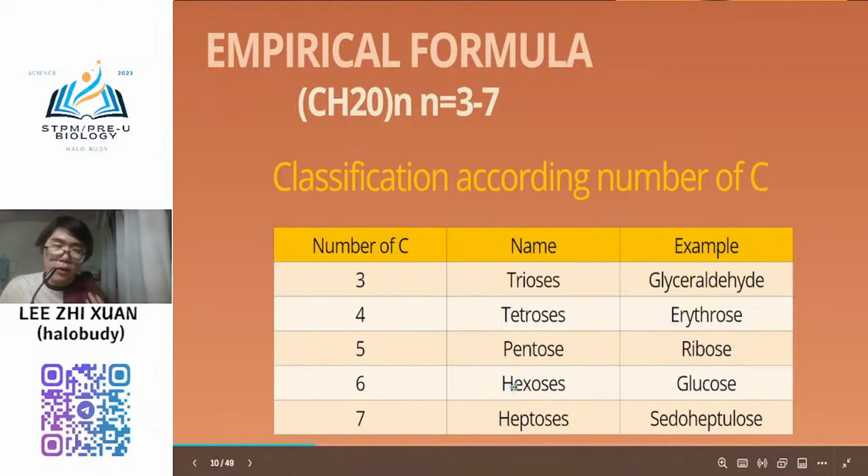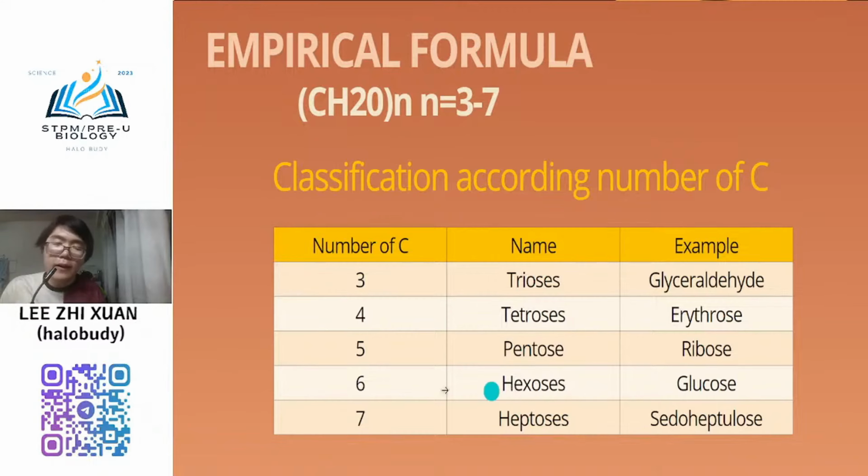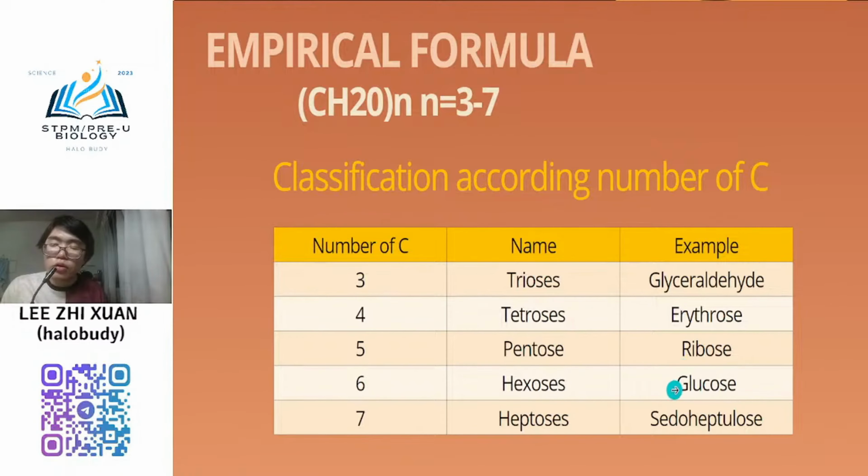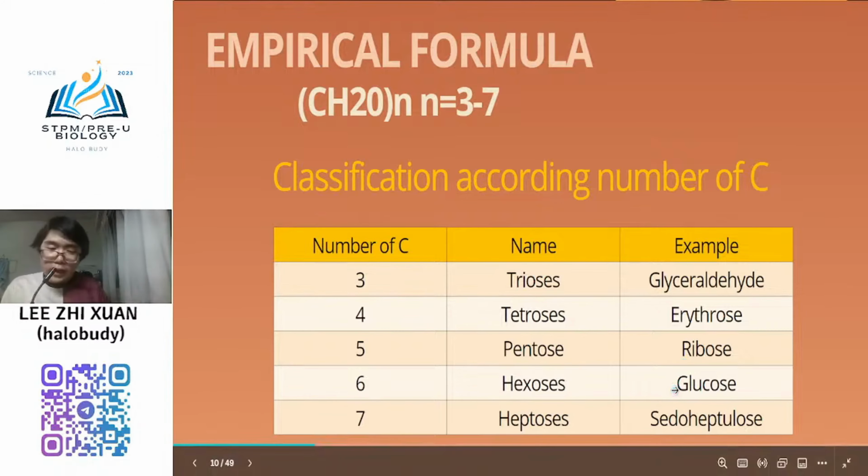Normally in our daily life, the most important is the 6 carbon hexose. So glucose, galactose, fructose, all these are considered hexose.